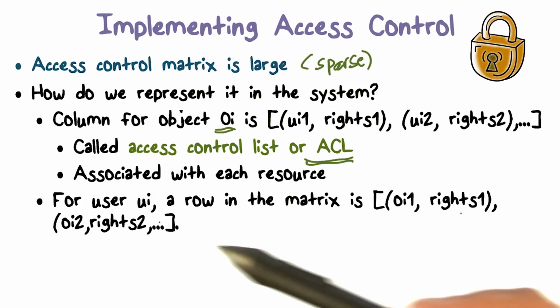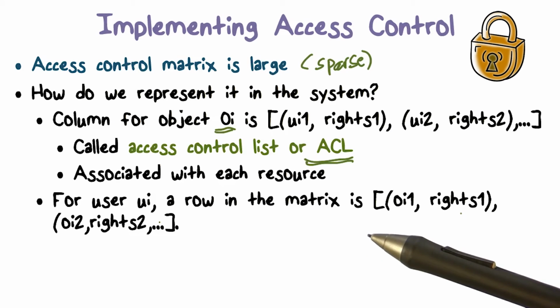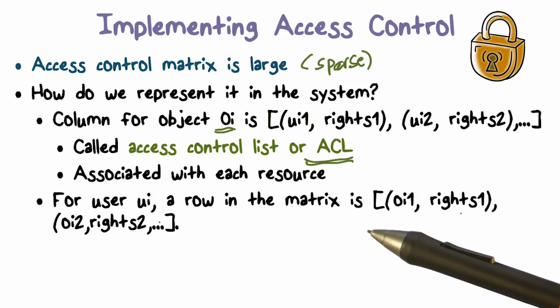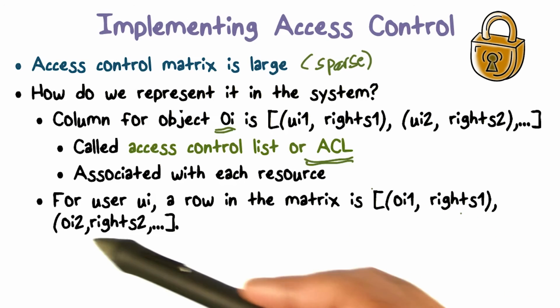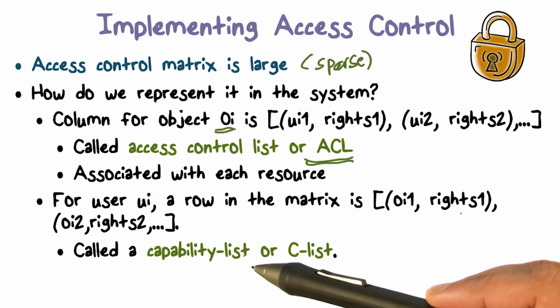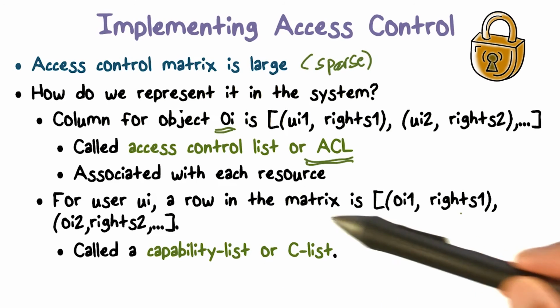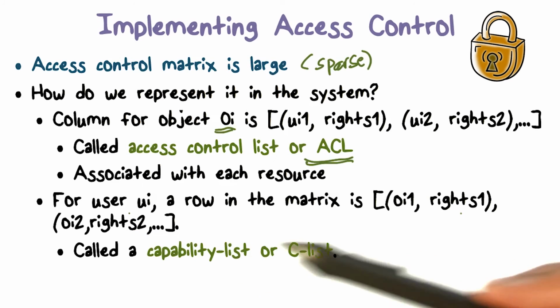Basically, we are ignoring the null entries in the row, and the entries that are not null are for certain objects. So these are those objects, and what kind of access for each of those objects, that's what we capture in this list. This kind of list is called a capability list. In some sense, it is what a user is capable of. A user is capable of accessing Oi1 in this manner, Oi2 in that manner.